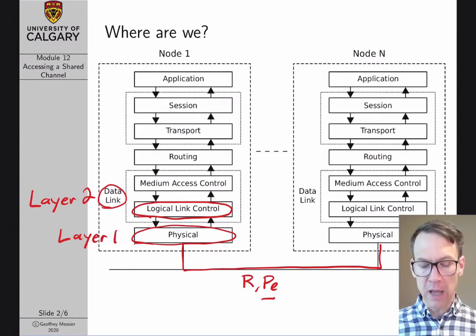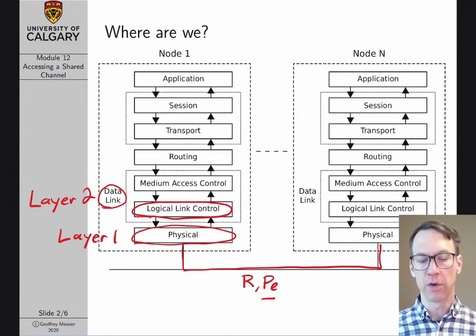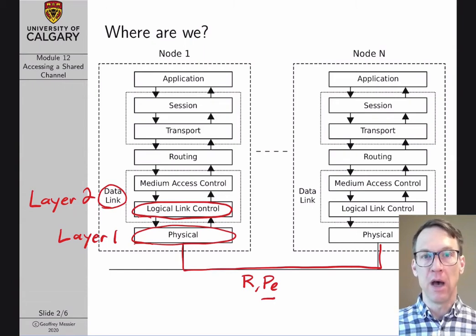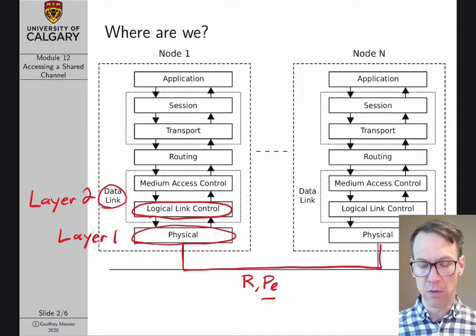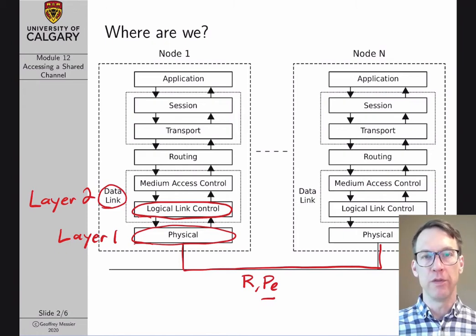Just a reminder that ARQ algorithms, while we introduce them at the logical link control layer as part of the OSI protocol stack model, appear at a lot of different layers in the protocol stack. When you look in detail at the Wi-Fi protocol stack, for example, they will say that ARQ is built into part of the medium access control layer.